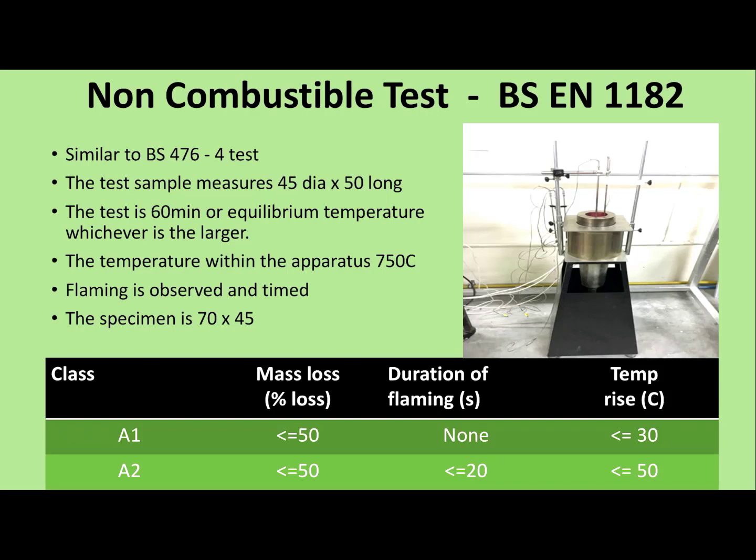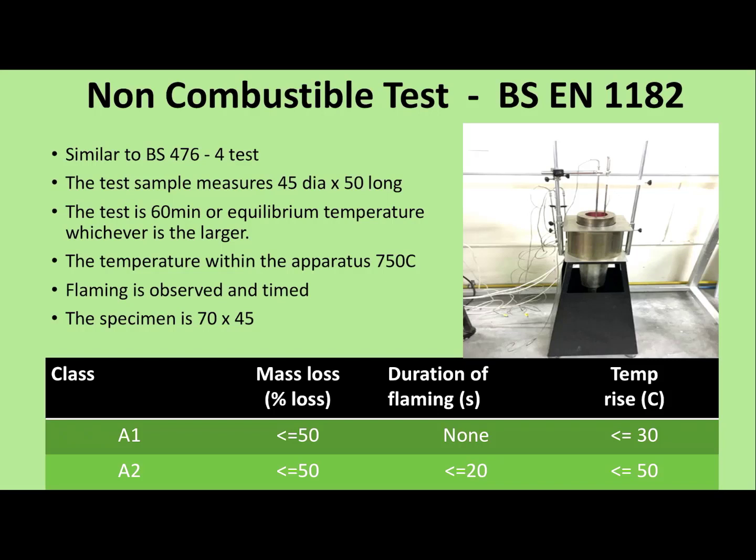Anything less than 5 seconds is not generally considered an issue. So it sits in there for anywhere up to 60 minutes, or until the equilibrium temperature between the furnace and the center of the product is reached, whichever is the longer. And then the product is taken out and it's weighed, and it's allowed to lose 50% of its mass.